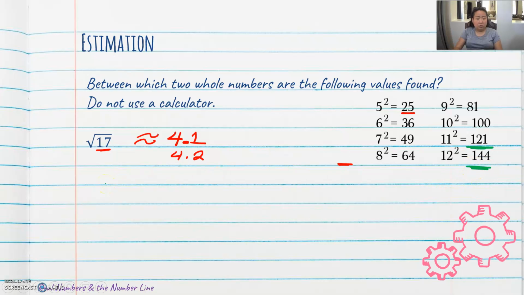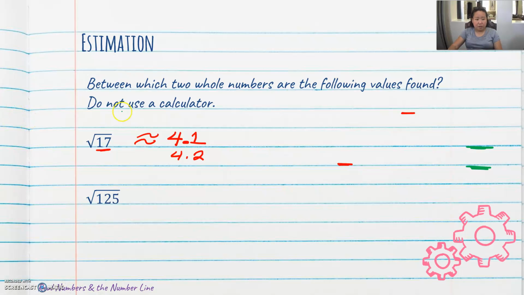So the square root of 125 is going to be between 11, which is 121, and 12, which is 144. 125 is much closer to 121, so our estimate here would probably be 11.2-ish, or 11.1 would be another good choice. Okay, so that's how you can estimate your square roots.